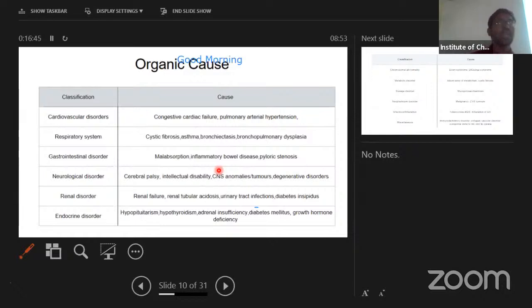In gastrointestinal disorder, malabsorption, inflammatory bowel disease. In neurological disorders, cerebral palsy, intellectual disability, CNS abnormality. In renal disorder, renal tubular acidosis, renal failure. In endocrine disorder, hypothyroidism, which is the most common.